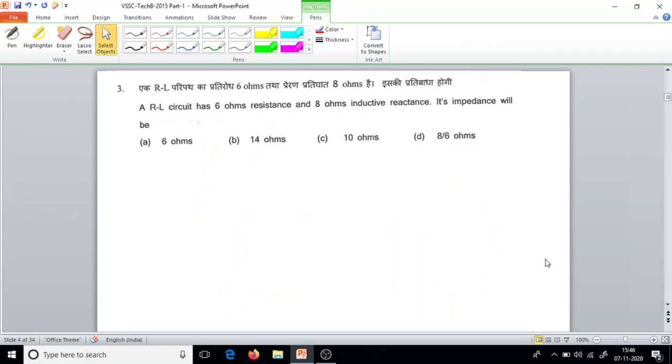So next question: an RL circuit has 6 ohms resistance and 8 ohms inductive reactance. Its impedance will be. What is the equation for impedance? Z equals square root of R square plus XL square.